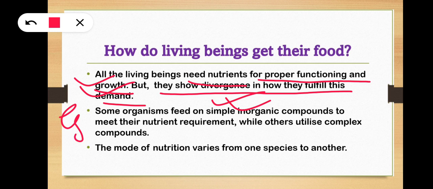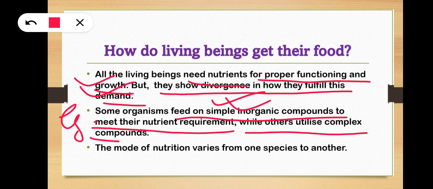For example, some organisms feed on simple inorganic compounds to meet their nutrient requirement, while others utilize complex compounds. So it can be concluded that the mode of nutrition actually varies from one species to another.